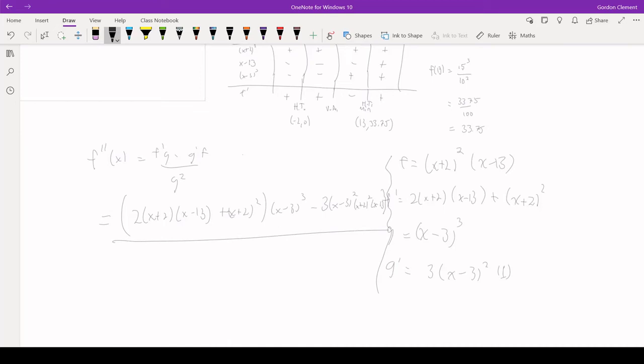Did I get all that in there? g prime f, I think I did squeeze it in, all over g squared, so that's going to be (x minus 3) now to the power of 6.